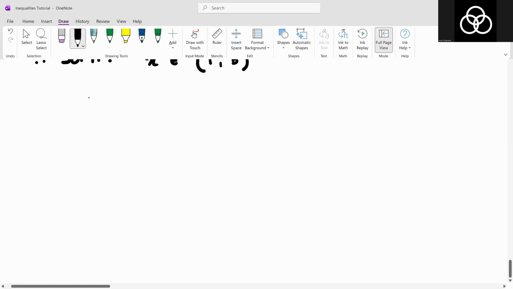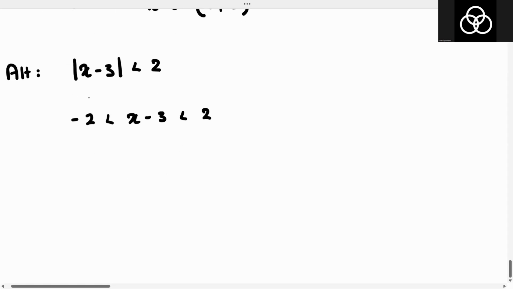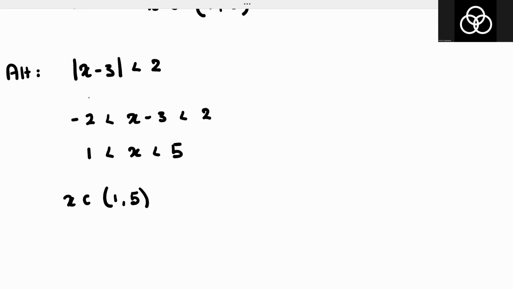This is sort of an alternative way to do it: minus 2 is less than x minus 3, which is less than 2. Right? And we could isolate x, so we add 3 to all sides, so we get minus 2 plus 3 is 1, less than x, less than 5, which is the open interval (1, 5). So this is another way we could do these types of inequalities.